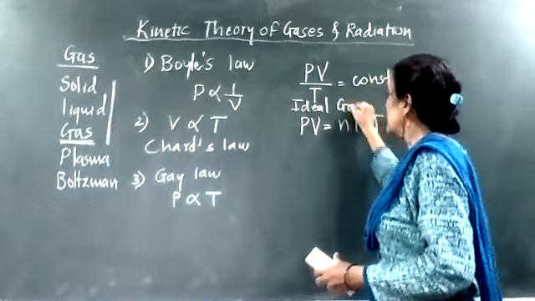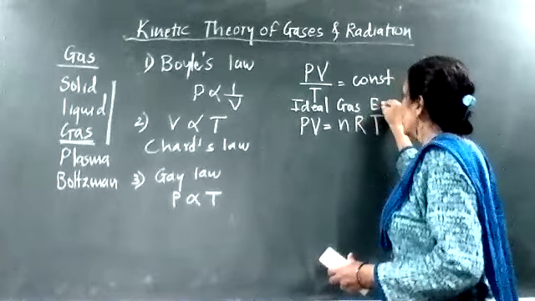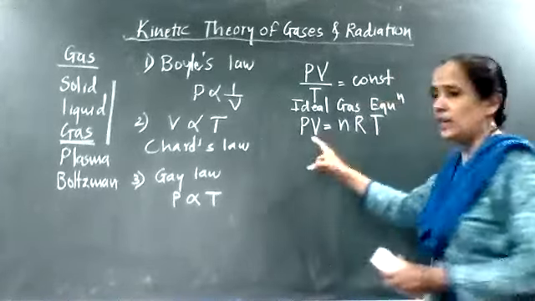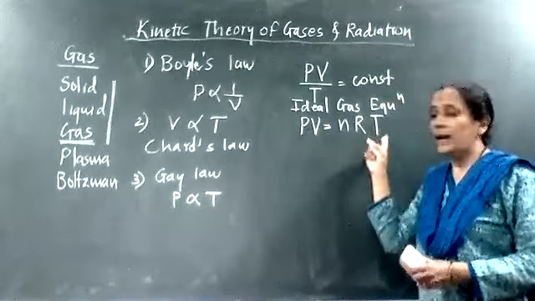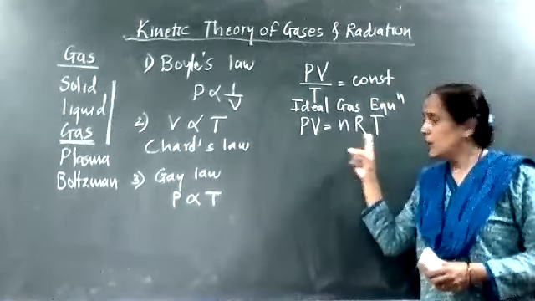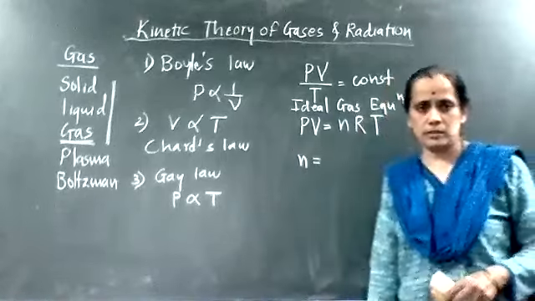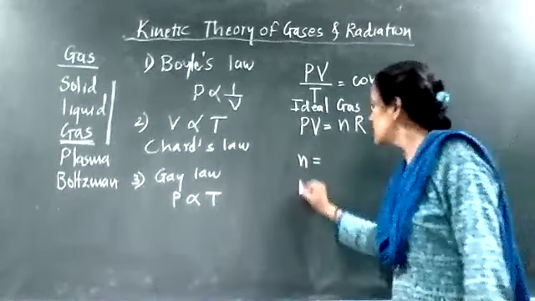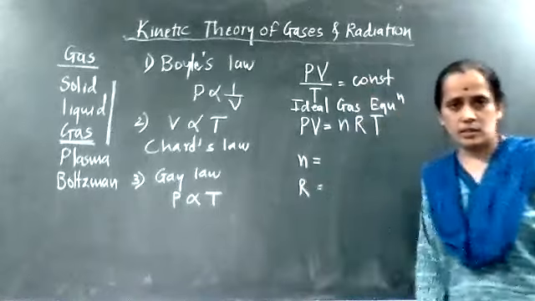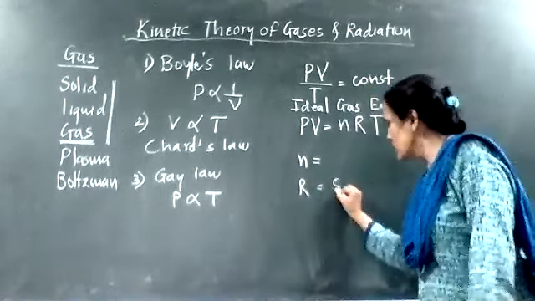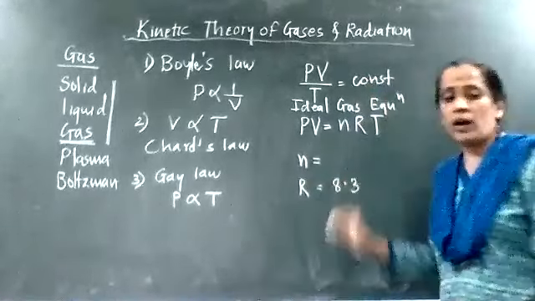This ideal gas equation gives the relation between pressure, volume and temperature. Now this n is the number of moles. R is the gas constant, whose value is 8.3.